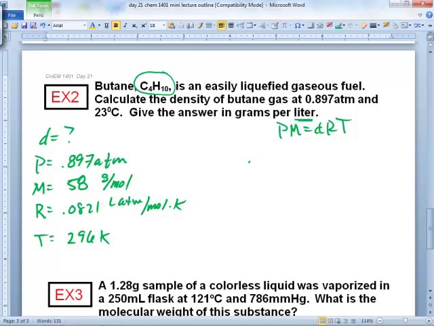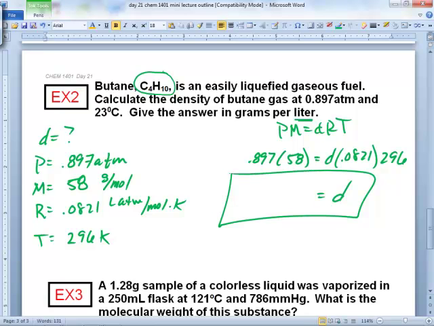Put everything in. You're going to have 0.897, 58, our D, our 0.0821, and our T. Did you get about 2.1 or so? Hopefully.